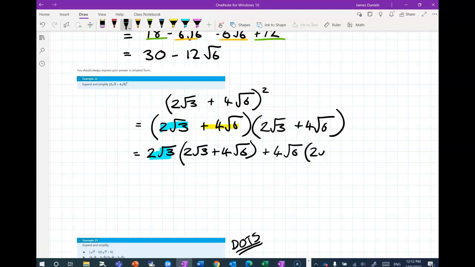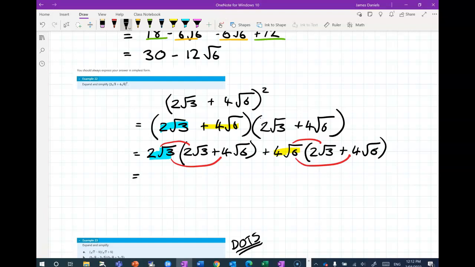And the second bracket, 2 square root 3 plus 4 square root 6. That was from the first bracket broken up. We split them. So our multiplication here, 2 times 2. So we're multiplying here first, there second, third, fourth.